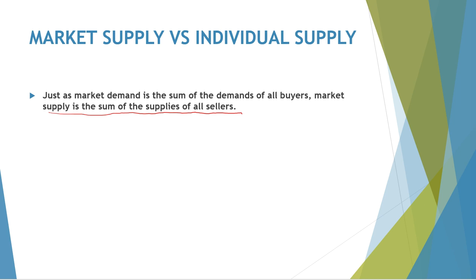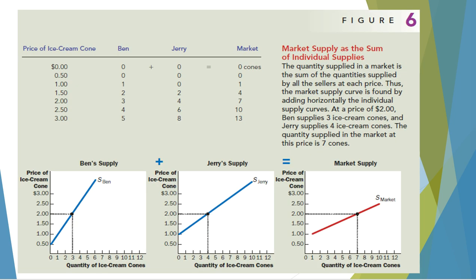Does it make sense? I hope it makes sense. Okay, for example, this is the ice cream cone market. Table 6 shows the supply schedule for two ice cream producers in the market, Mr. Ben and Mr. Jerry.